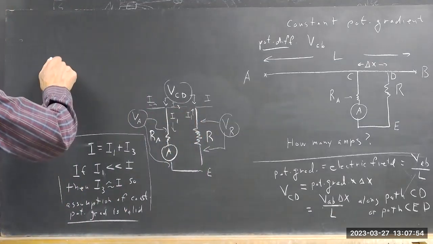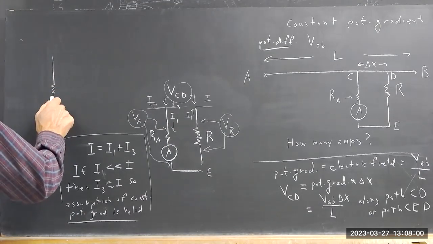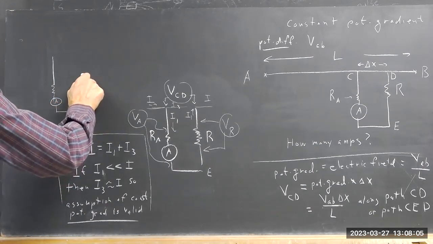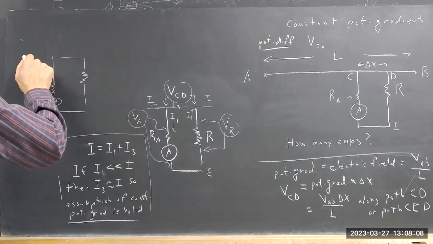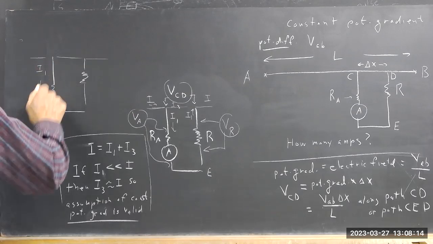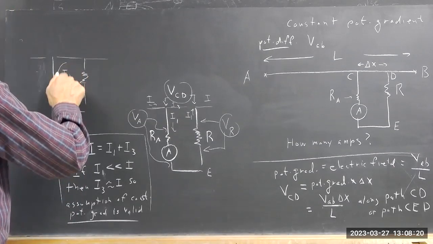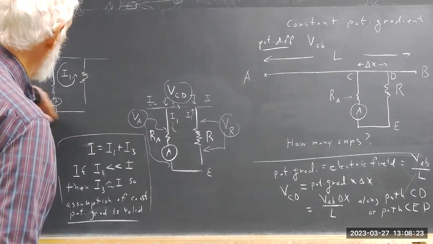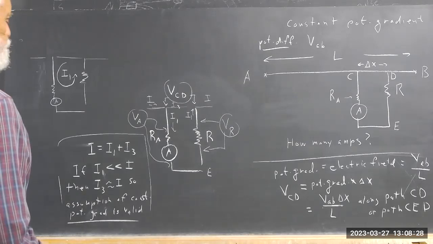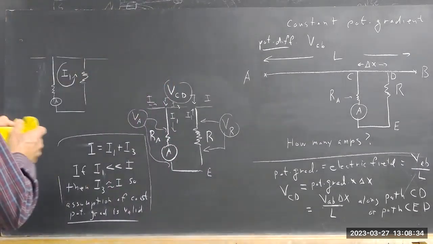So my loop looks like this. So I1 is flowing around this loop.